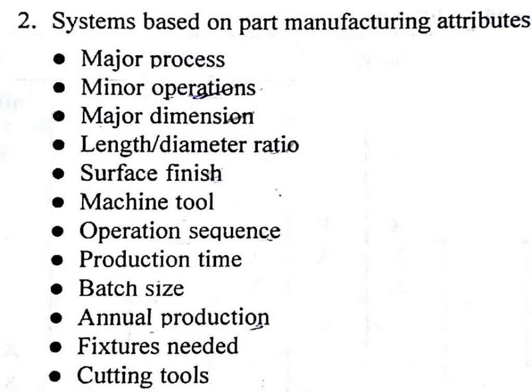It's also related to manufacturing, so some may be common. Don't confuse with that. Surface finish, machine tool, operation sequence, production time, batch size, annual production, fixture needed, cutting tools. That's all related to manufacturing.